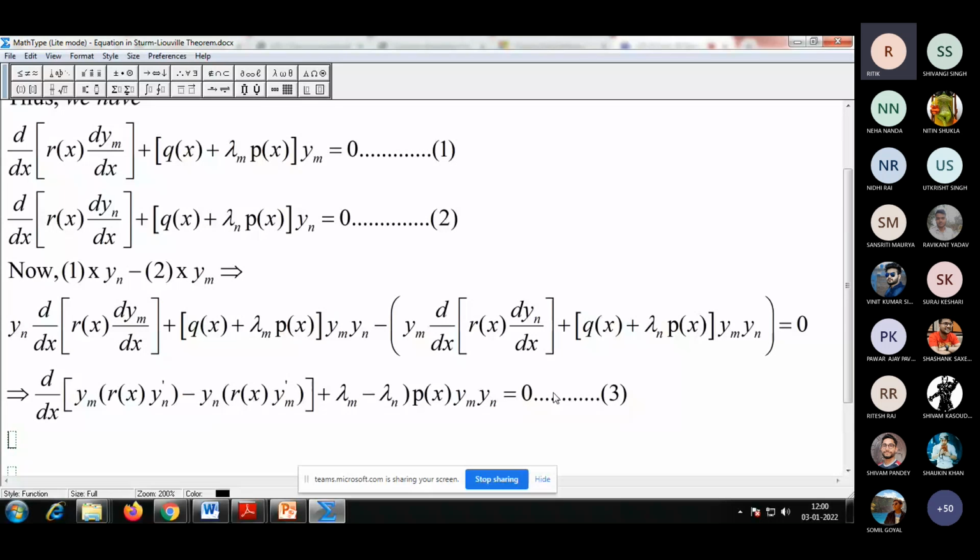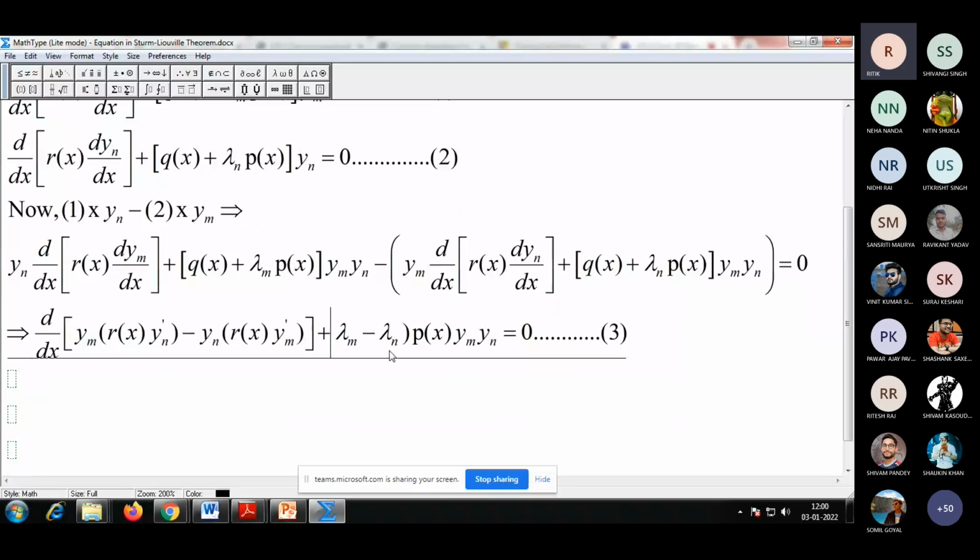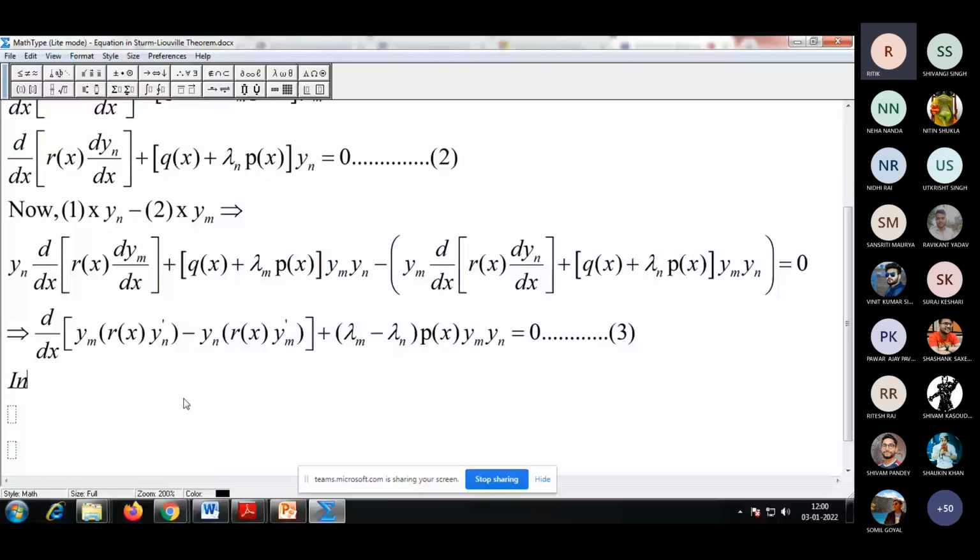Now nothing to do, just integrate this equation. So integrating equation 3, and I hope you all know we can integrate it. Why? Because r(x), p(x) and y are all continuous.